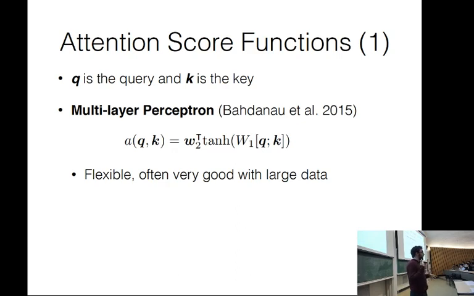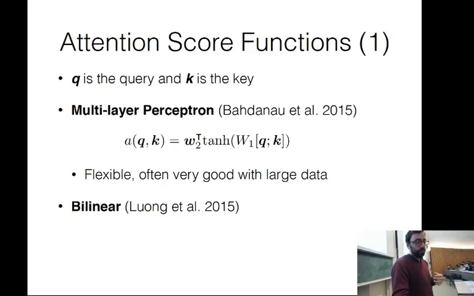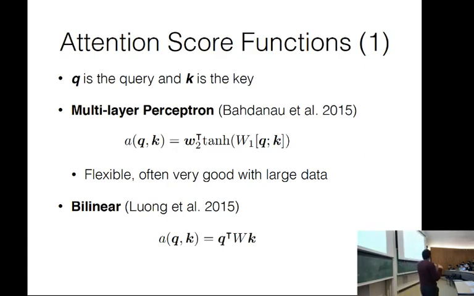And if you have a lot of data to train your model on, this is a pretty good option. Another thing that you can do is use a bilinear score function, which combines the decoder state and the key like that. So basically, you take the dot product between the two, and in between you might have a matrix that will allow for different dimensionality.